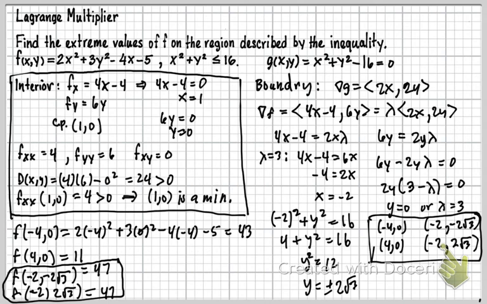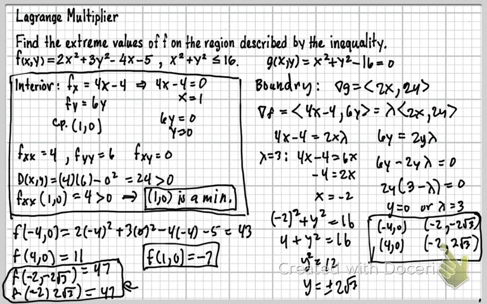But now we also had a minimum in here, in the interior, so we have to compare it with that one. So now we're going to have to do one more point. That's f of 1, 0. And then when I plug that in, we get negative 7. So this is going to be the absolute minimum. And these are going to be the absolute maxes. So we still have this information that's required for this problem.